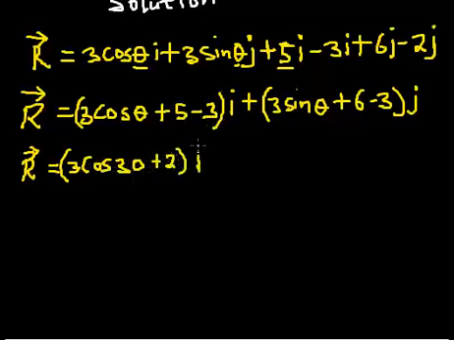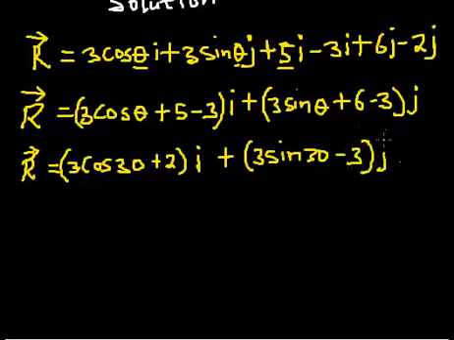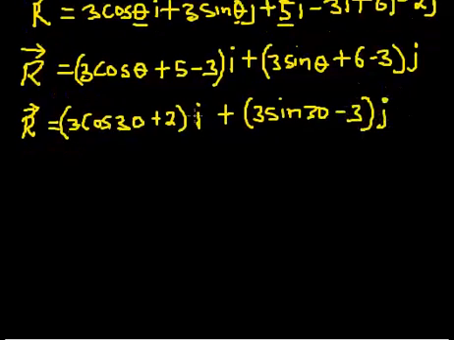This is for I. Then of course 3 sin theta, then this is minus 3. This is for j. So this is the resultant in terms of the two components I and j.